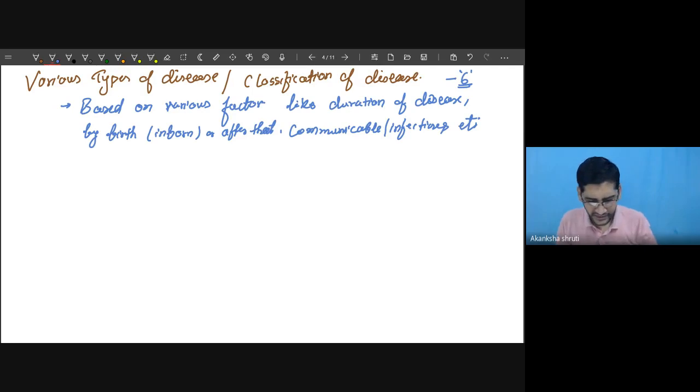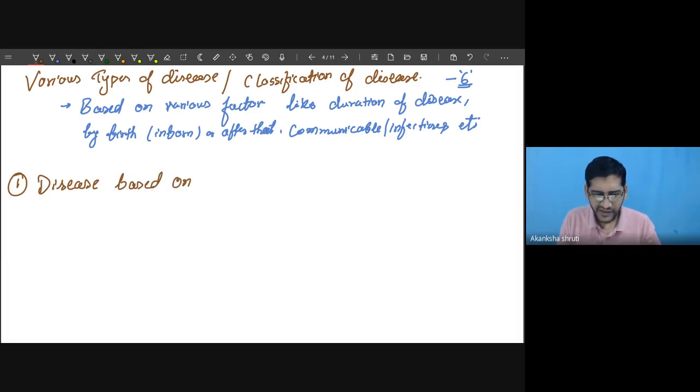Student, so we have to learn about disease based on, one by one we are going to discuss. So disease based on the duration of existence. Duration of existence means what? How long the disease occurs in the body before it is getting cured.